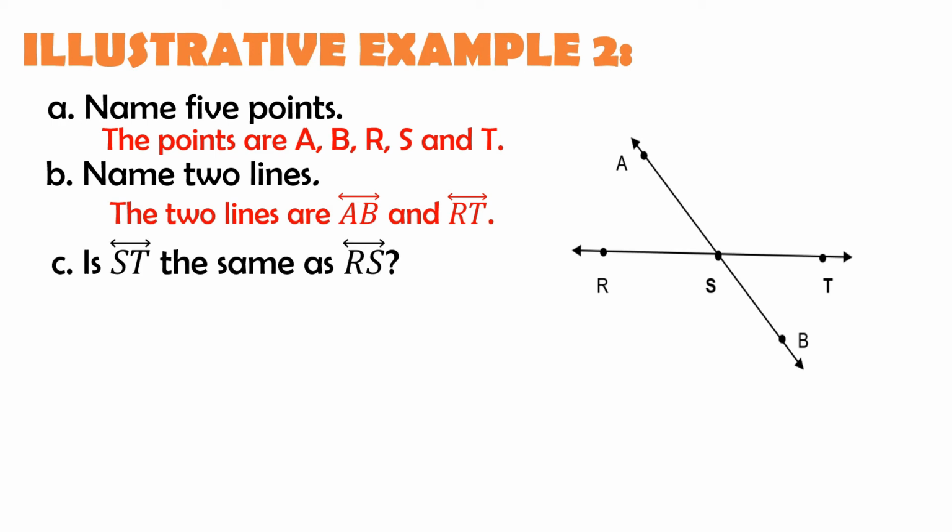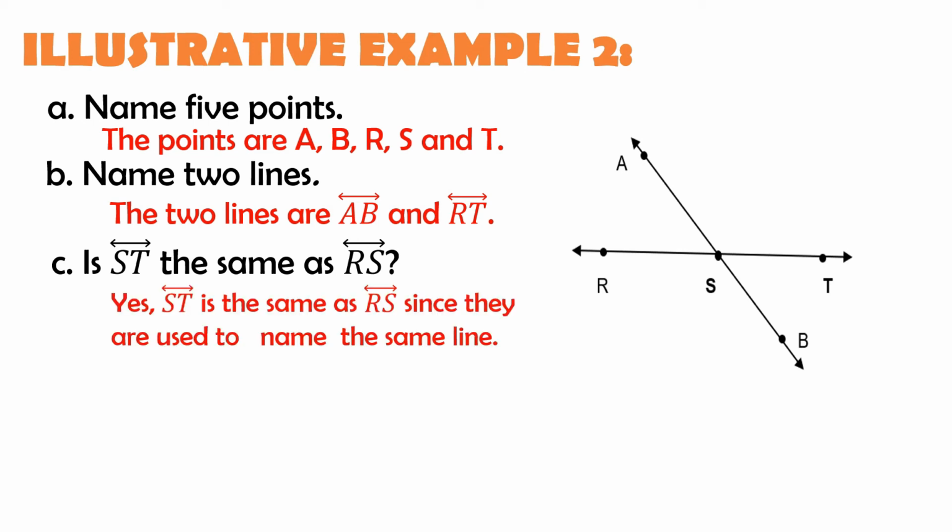Letter C, is line ST the same as line RS? Yes, line ST is the same as line RS since they are used to name the same line. Letter D, is line AB the same as line SB?